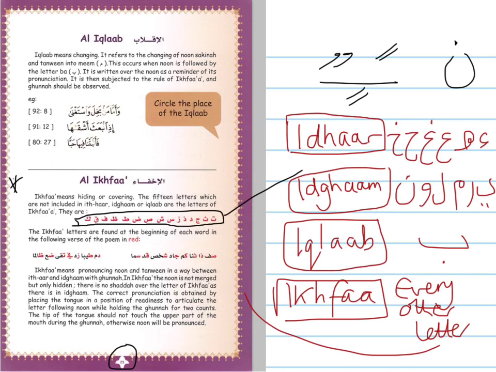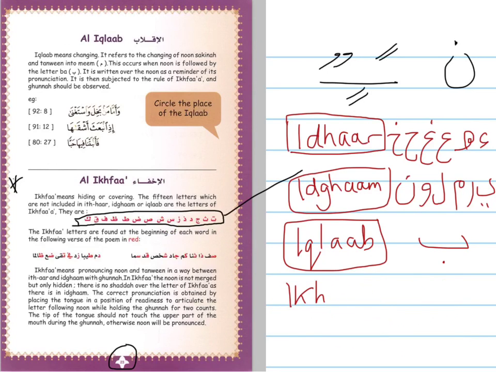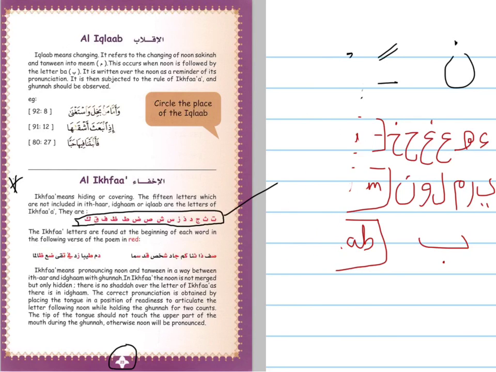If you listed them, they would be these. So, for example, if you had a Noon Sakinah, and after it was the letter Sin, then you apply the Ikhfaa rule there. That's one way you can remember it.